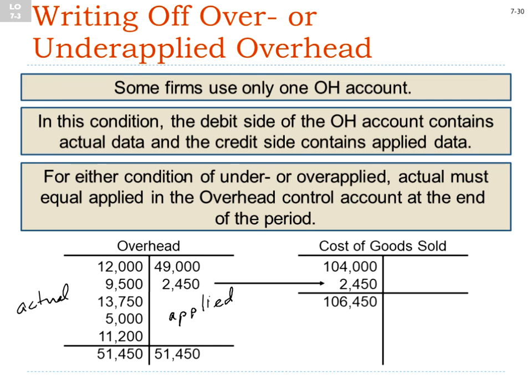In this case, it didn't. The right side was short by 2450, so we have to plug in an additional 2450 on the right side, and that will again ultimately flow to the cost of goods sold expense account. So whether a company uses two overhead accounts or one, the result is the same. You would still transfer any over or under applied overhead to cost of goods sold at the end of the period.